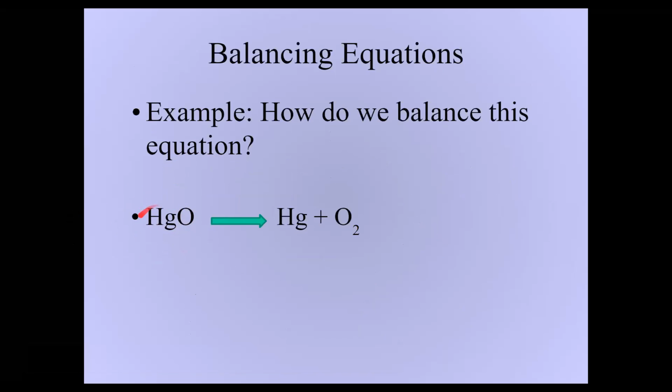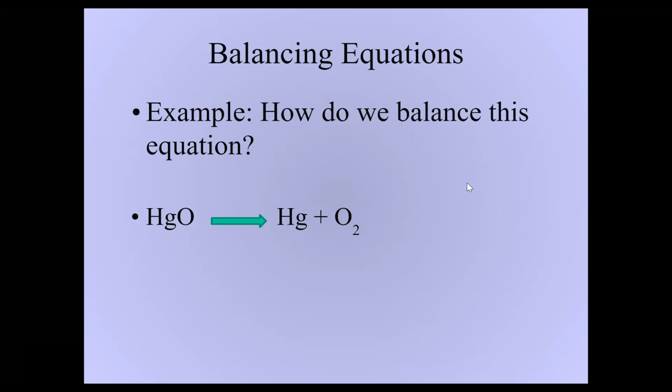Mercury oxide, so mercury and oxygen are combined together into one compound, but they go through a chemical reaction that breaks them up into separate mercury and oxygen elements. So we need to see, is this equation balanced? And if it's not, how do we balance it?